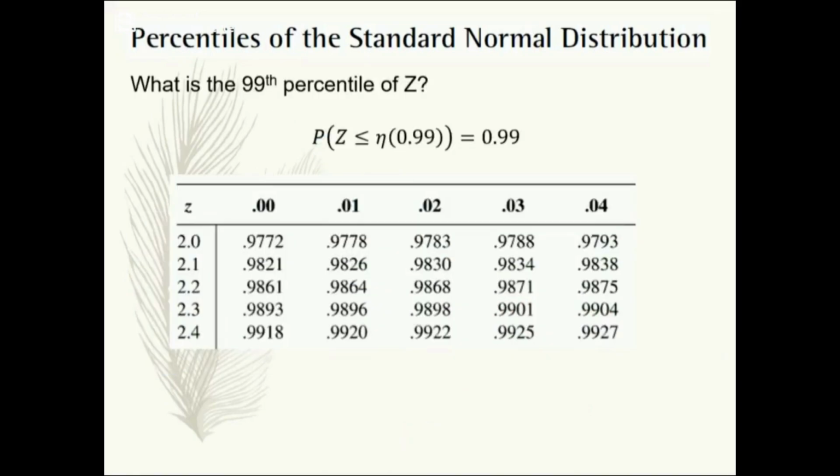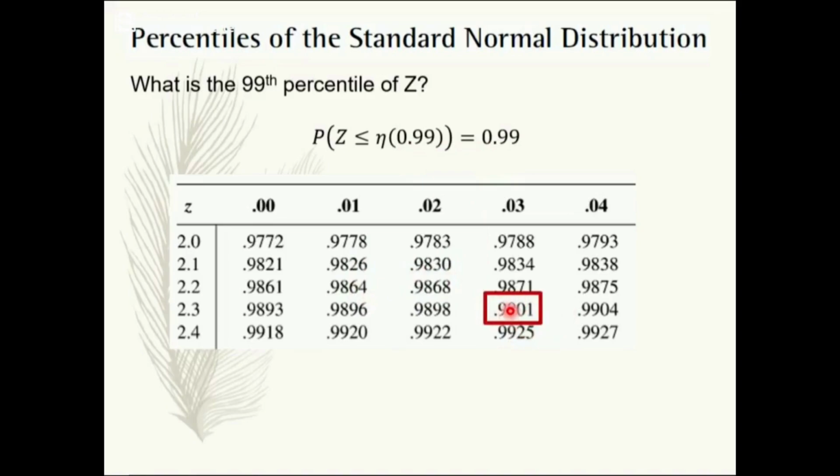If I ask you to find the 99th percentile of z, I'm asking you to find some value, eta 0.99, such that the area is 0.99. Remember, these are left-hand probabilities or areas. So you start off inside the table now, and then you work outside. In this table, you search for a value that's as close as possible to 0.99. In this case, it's this one here.